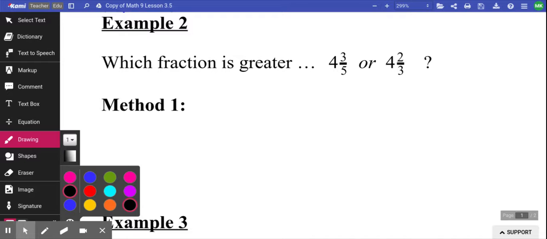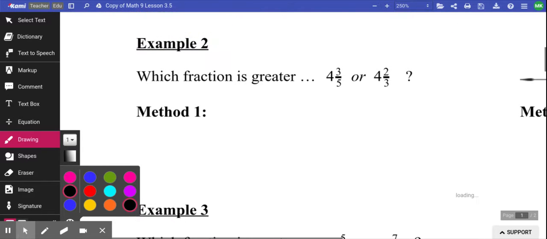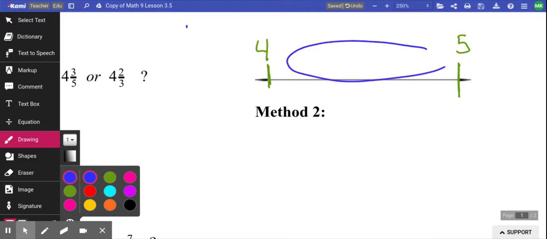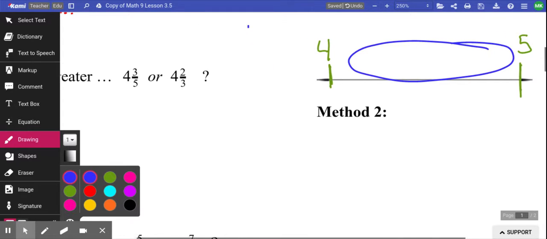If we were just talking about these numbers and we looked on a number line, if I had the number 4 on a number line and the number 5 on a number line, I know that both of these numbers are somewhere in this range because the big number in front represents that we're right here at 4.